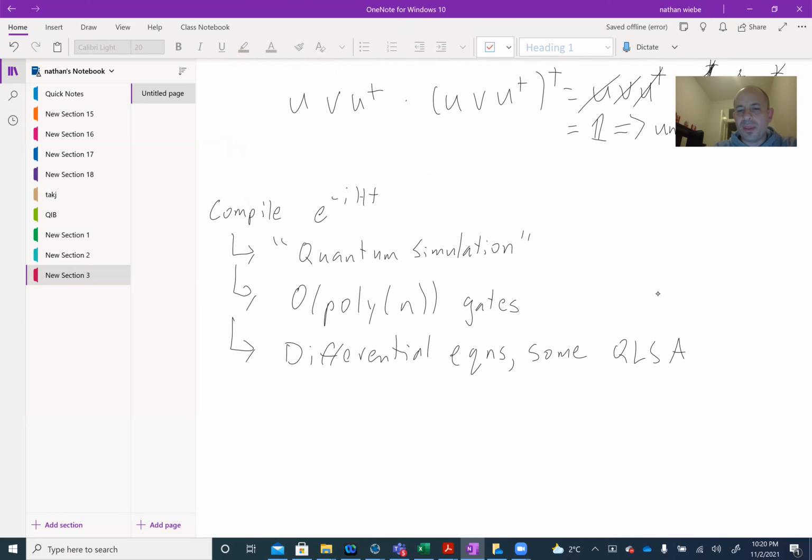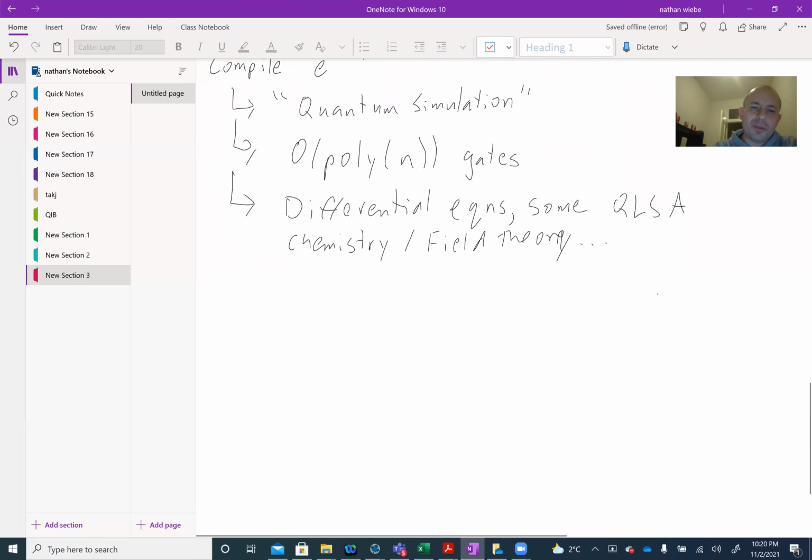And it, of course, also shows up, as I mentioned before, in chemistry, field theory, algorithms. So it's a very, very important primitive. But I'll just be showing the basics and how we can use the singular value transformation in order to carry this out.